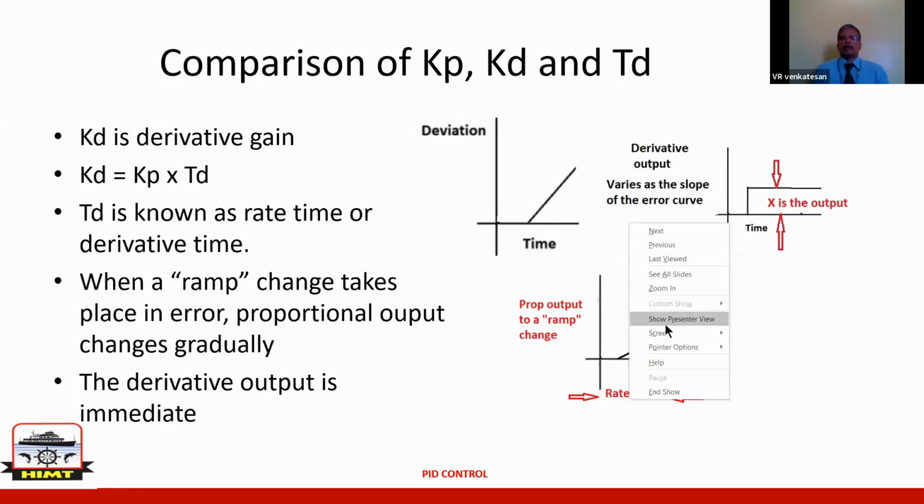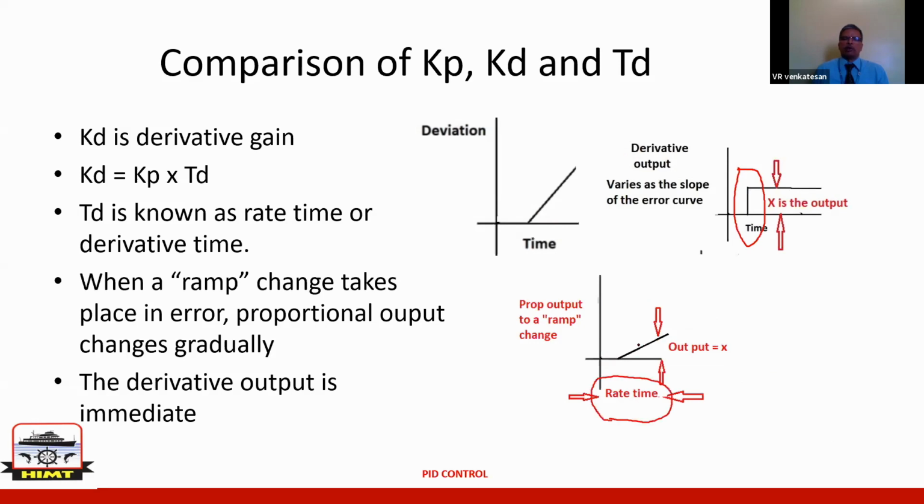If you take an example like valve opening, if the derivative control opened the valve by 2 millimeter immediately, then proportional control will take this much time. It cannot do it immediately. So the time taken by proportional control to match whatever derivative is doing is called rate time, also known as derivative time.